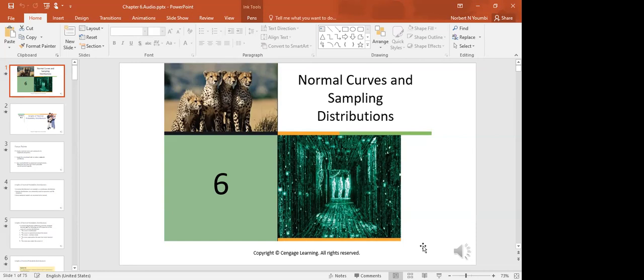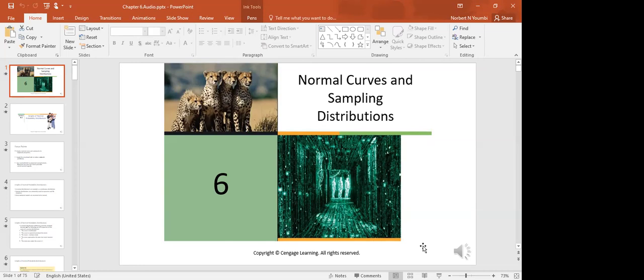If you have a function and the curve is like this, then it's a bell shape. We also expect the mean to be at the middle. Because it's at the middle, it is also the median.